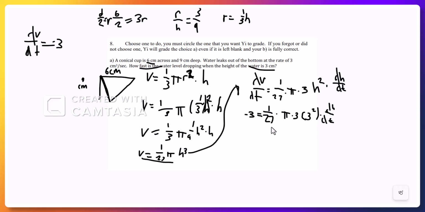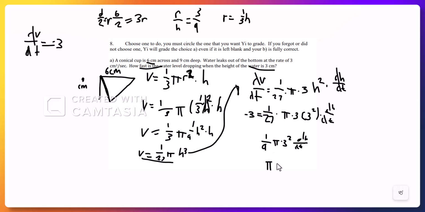We're going to focus on the right side for now. When 3 multiplies the 1 over 27, this is actually going to be 1 over 9 pi times 3 squared dh over dt. 3 to the power of 2 is going to be 9, so that cancels out.